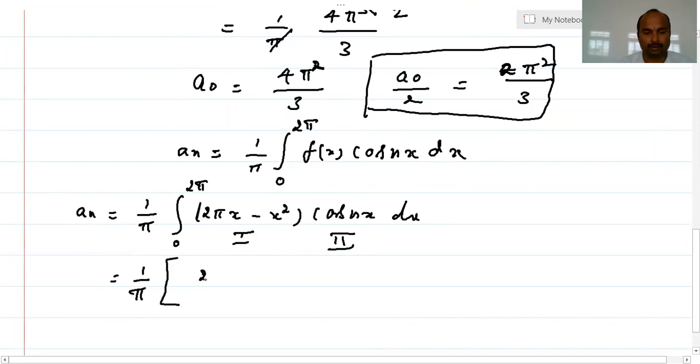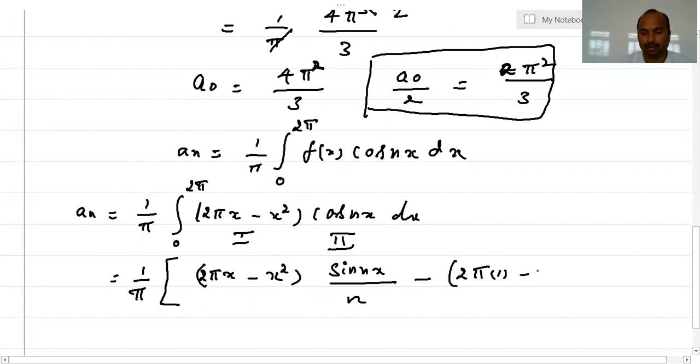That is first one, 2 pi x minus x square into cos nx integration, sin nx by n, minus differentiation of 2 pi x minus x square. 2 pi x differentiation is 2 pi and x square differentiation is 2x, into sin integration, that is minus cos nx by, so one more n we will get, so it becomes n square.